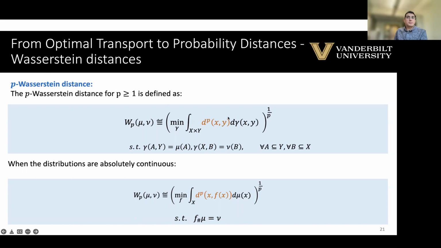And so we have d to the power p, and then we calculate this expectation and calculate the pth root of this value, then that's equal to the p-Wasserstein distance between these two probability measures, mu and nu.